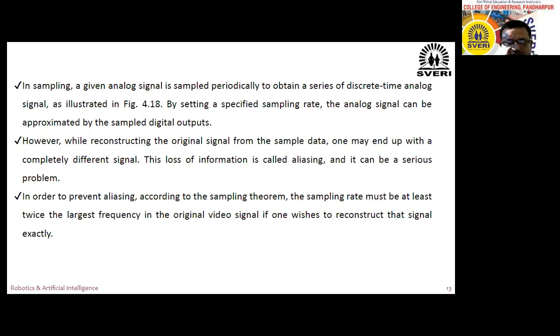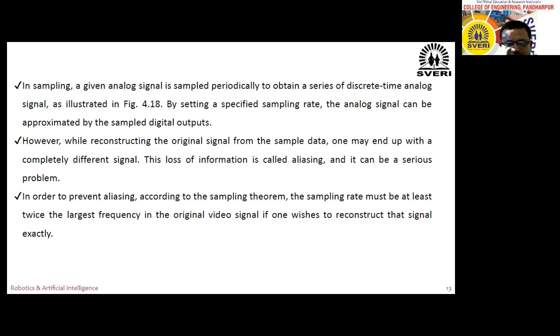In sampling, a given analog signal is sampled periodically to obtain a series of discrete time analog signals. By setting a specified sampling rate, the analog signal can be approximated by the sampled digital outputs. However, while reconstructing the original signal from the sample data, one may end up with a completely different signal.